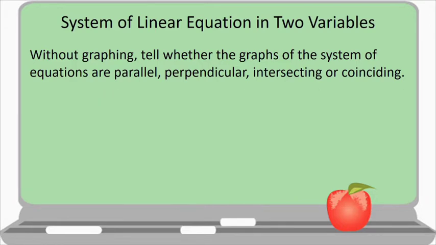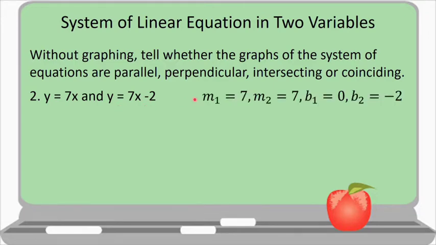Now let us have the second example. We are given y is equal to 7x and y is equal to 7x minus 2. So we have m sub 1 equal to 7, and m sub 2 also equal to 7. b sub 1 is 0 and b sub 2 is negative 2.